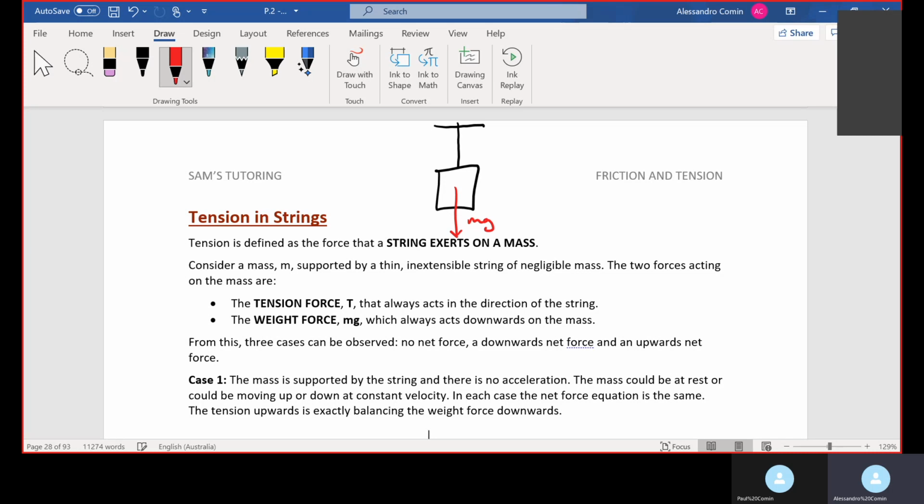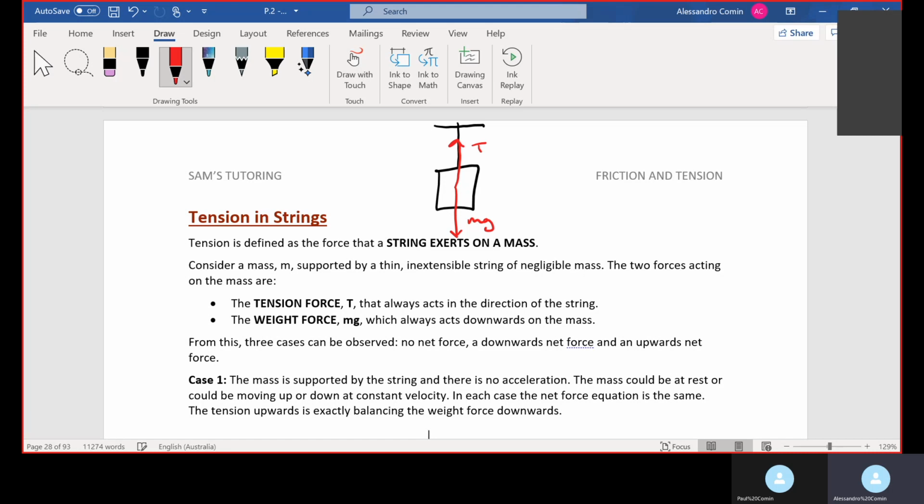But just like when I'm standing up straight, there must be a normal force that counteracts the force of gravity, there must be a force that counteracts the weight force of the box here. But this box isn't touching the ground, so what gives? That is because the force is actually the tension force. The tension force is the force that a string exerts on a mass.